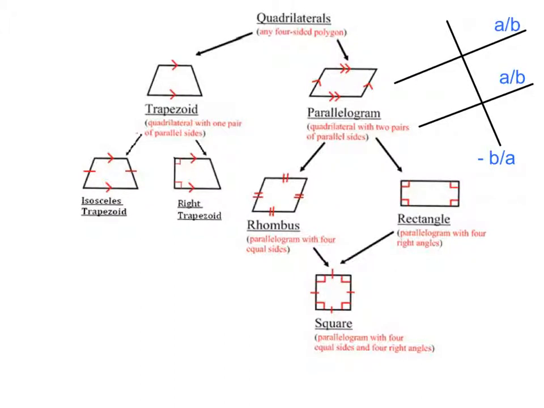This is where slope can be really useful. Do you remember that when two lines are parallel, they have the same slope? Both of them would be A over B. And do you remember that when two lines are perpendicular, there's a right angle there, then they have negative reciprocal slopes?